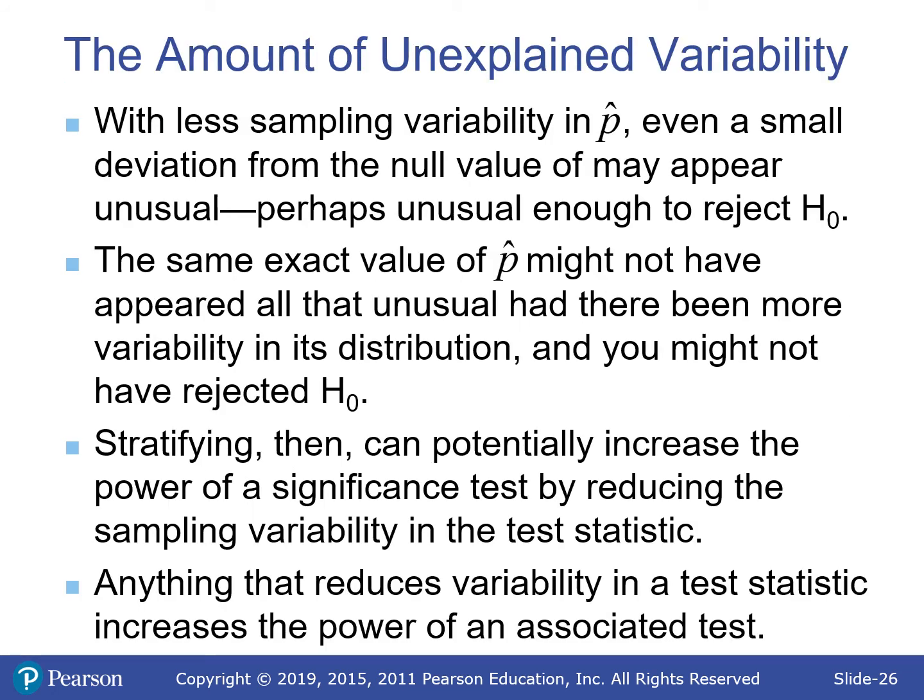Another factor is the amount of unexplained variability, and so that would be trying to control that standard deviation, that standard error, or to control the amount that it changes. Sometimes we can control it a little bit, sometimes we can't. So getting that small variability in p hat can be big.